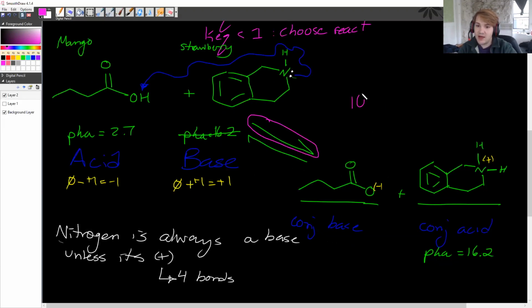Likewise, we could do the math out, and say that it's 16.2 minus 2.7, which is 10 to the 13.5, something like that. And this is greater than 1, so we can say that it favors the product side. Does this make sense?